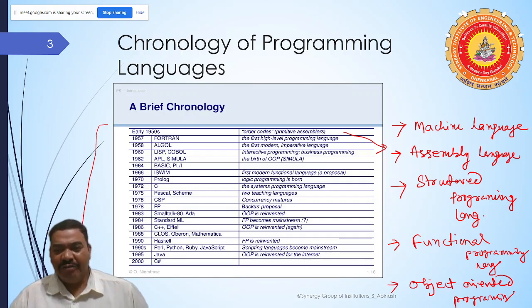So a number of paradigms you will find. Paradigm means the classification of different programming languages based on their patterns, right? So a number of categories of programming language we can obtain.